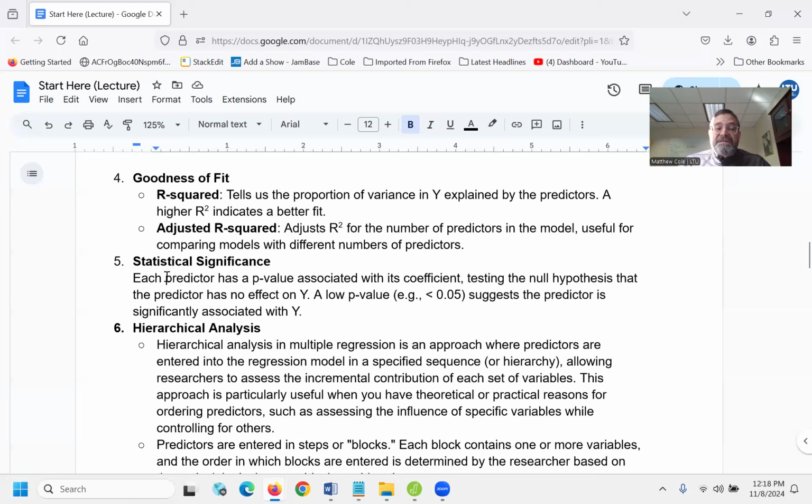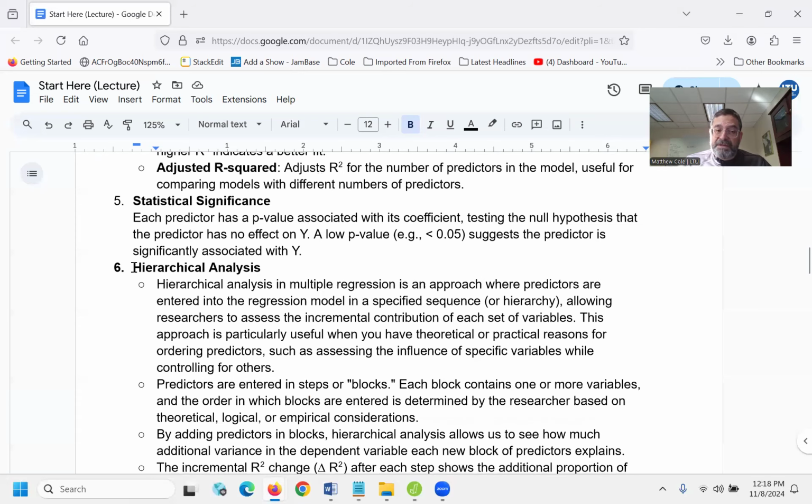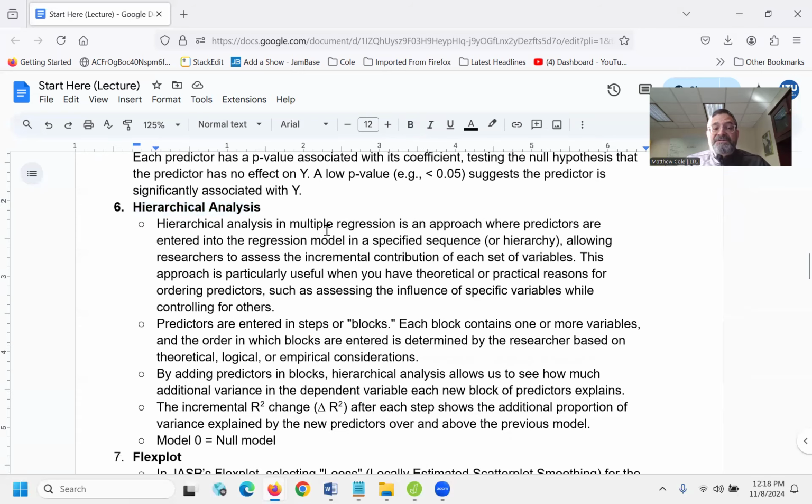Statistical significance in this analysis means that we're looking at the p-value for each predictor, and we're going to get into an example of something called hierarchical analysis. Think about it like this.